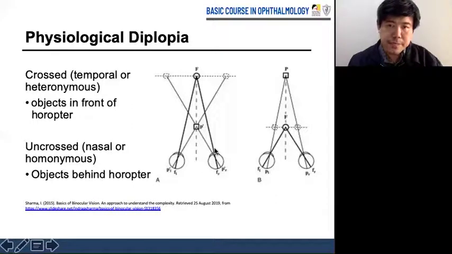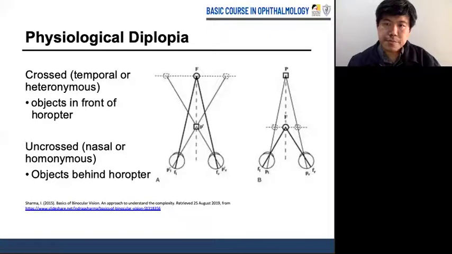The image produced falls temporal to the fovea, in the temporal areas of the eyes. So this produces crossed diplopia. When the object though is behind, so if this is your empirical curve, the object is here, diplopia produced is uncrossed since the images produced are in the nasal area, okay?